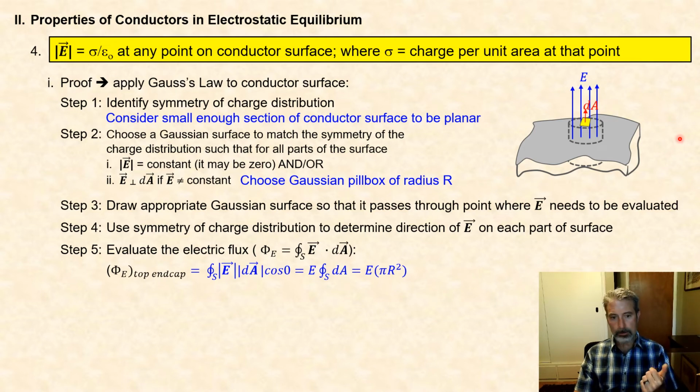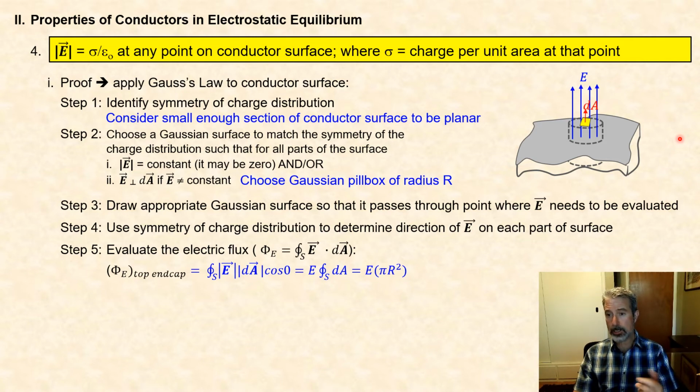So evaluating the flux integral, the electric field is constant at that top end cap, and the angle between the field and that vector dA is 0, so the cosine of 0 is 1. And as always, since the electric field is constant, we take it out of the integral. What's left of that surface integral of dA is simply the total area of that portion of the surface, which is just the area of the circle, or pi r squared.